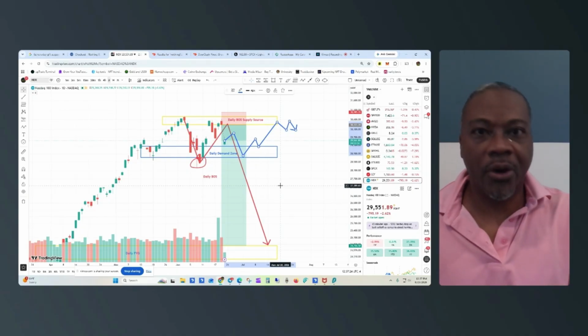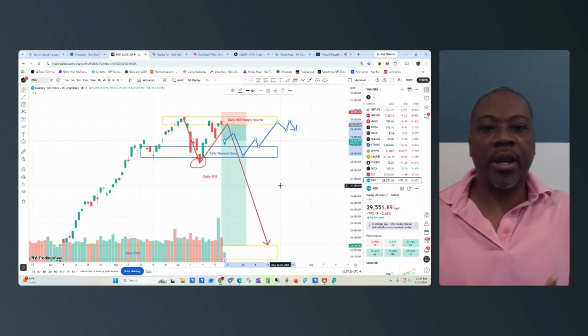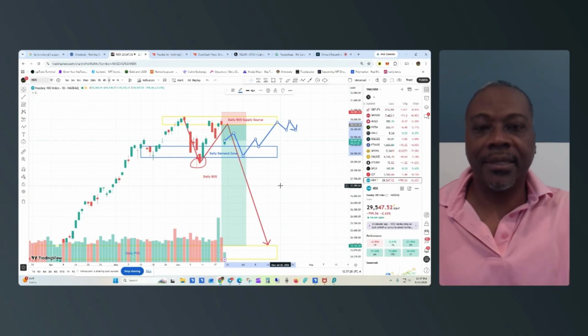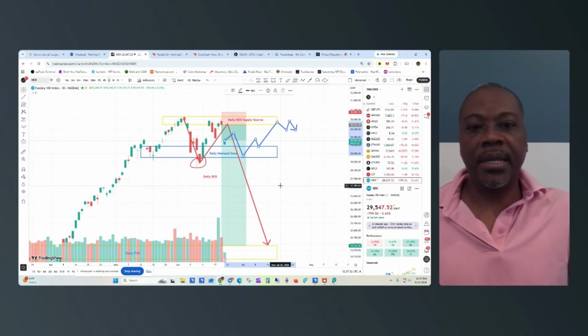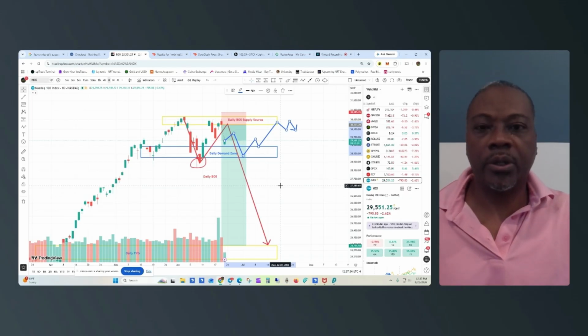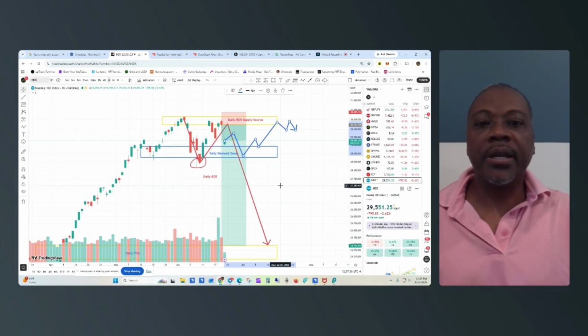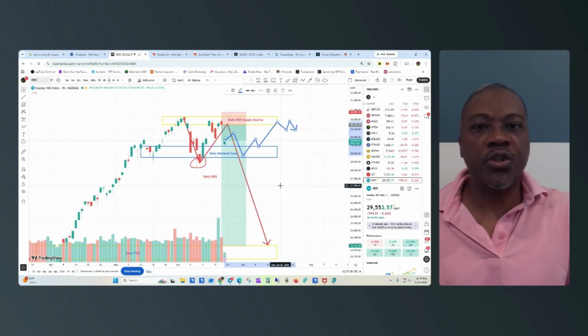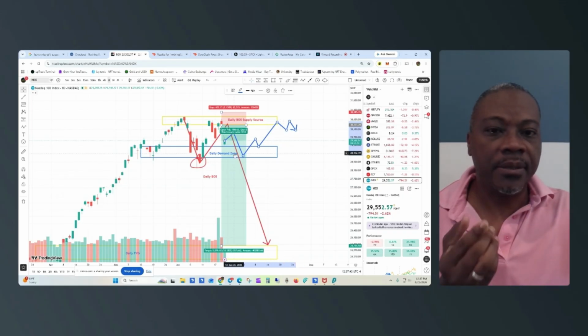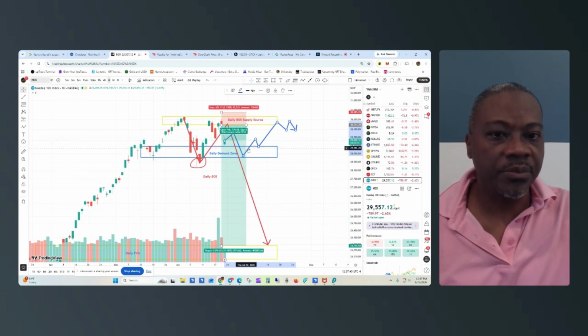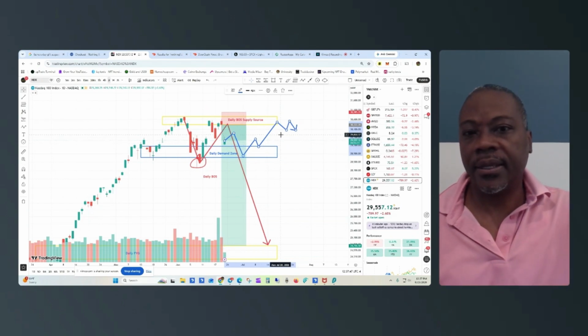We're trying to read the market. Our focus is to read the market and follow what the market is telling us, because it's being driven by high money, smart money, big money, whatever you want to call it. And they're pretty much choreographing their moves. So we're learning to read those moves and follow. So that's the scenario where the NASDAQ still stays bullish, which I do not think is going to happen.